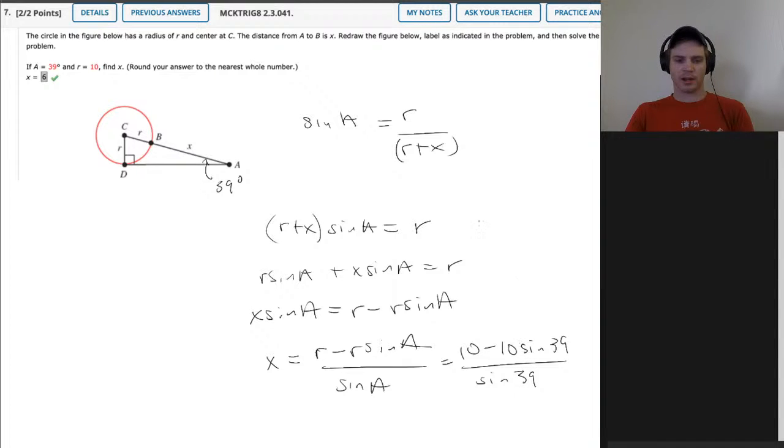And I got 6, rounding to the nearest whole number, obviously. So you could have chosen to substitute in 10 and 39 on this first step here, but that's a lot more writing, or I guess it's not a lot more, but it's enough to make me not want to do it.